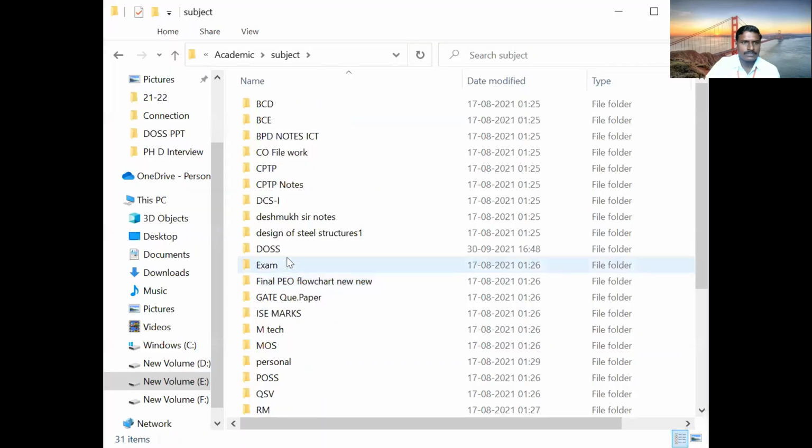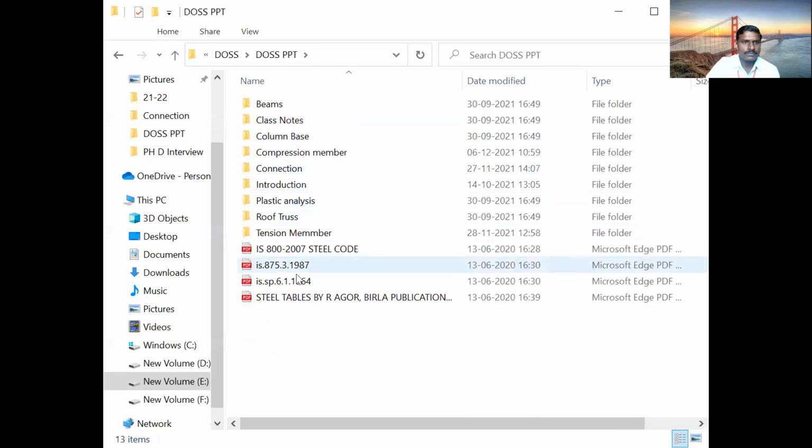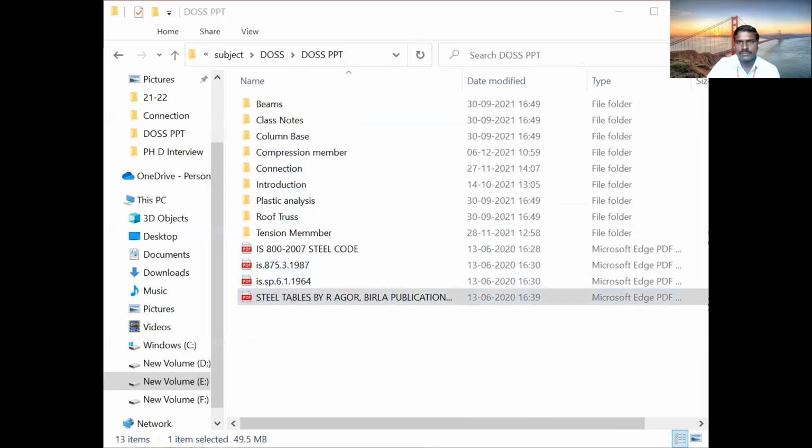Okay, I will show you that. Is this visible, the section, the steel table?